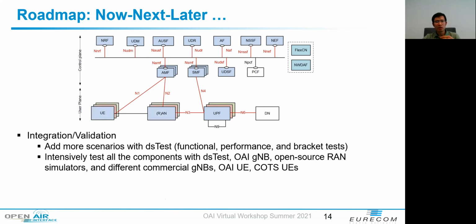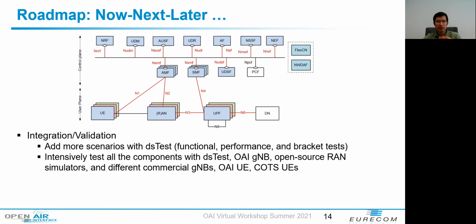At the same time, to make sure that we have a solid and stable 5G core implementation, we step by step add more and more scenarios to test with the professional tester. We also plan to work on benchmarking to measure some operational and network KPIs such as throughput, end-to-end delay, deployment time, and service availability.